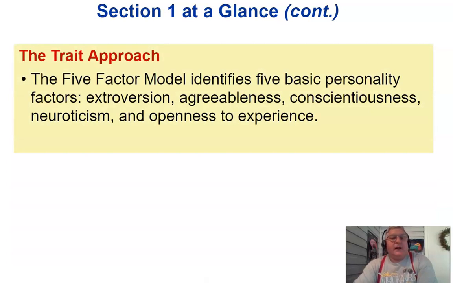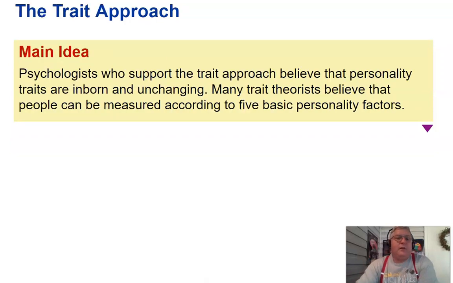So the five-trait approach, the five-factor model, identifies five basic personality factors: extroversion, agreeableness, conscientiousness, neuroticism, and openness to experience. Psychologists who support the trait approach believe that personality traits are inborn and unchanging.